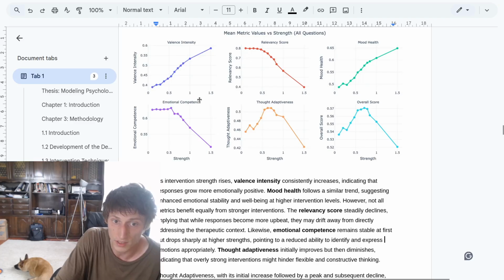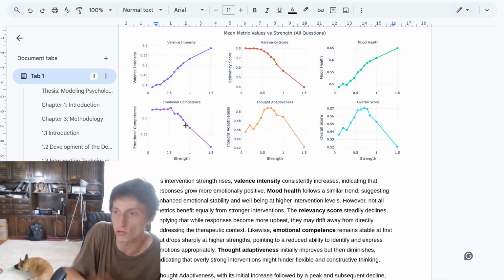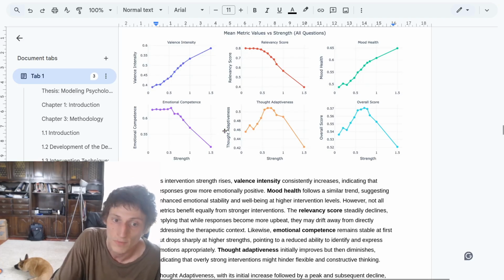The emotional competence behaves closer to the relevancy score: stable, maybe a bit of a peak, and then it goes down. So the model starts to get irrelevant, including to its own emotional context.